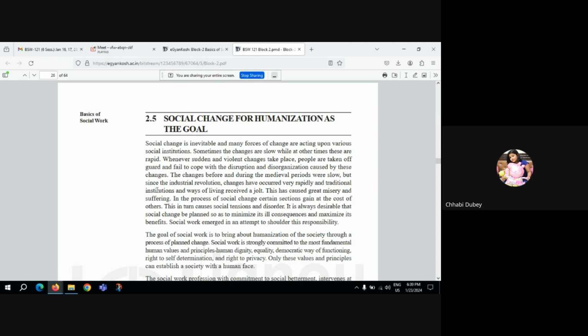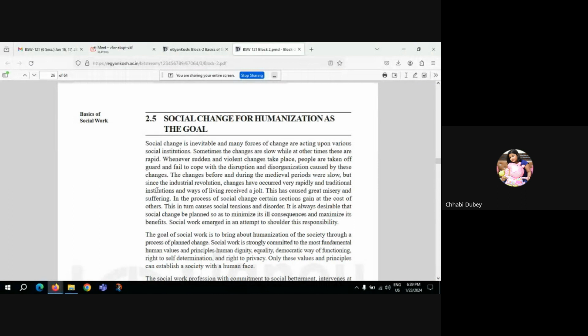And we know that the goal of social work is to bring about humanization of the society through a process of planned change, and that social work is strongly committed to the most fundamental human values and principles. That means human dignity, equality, democratic functioning, the right to self determination, and the right to privacy.